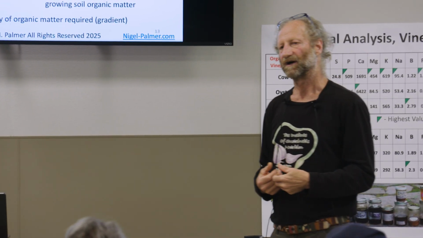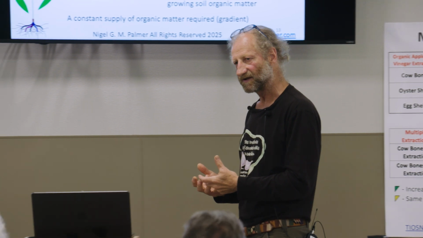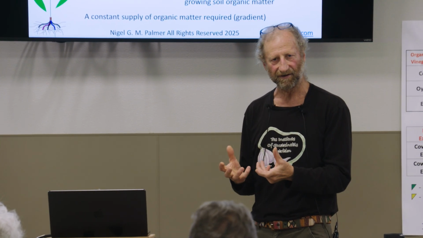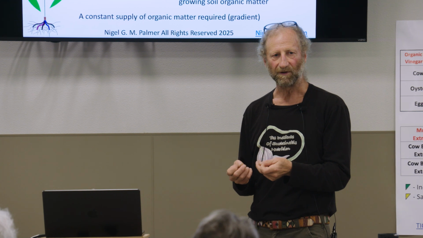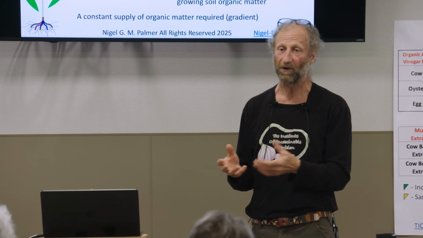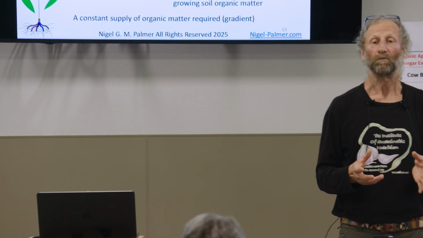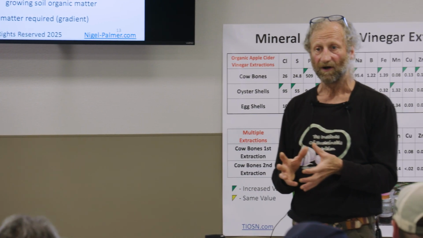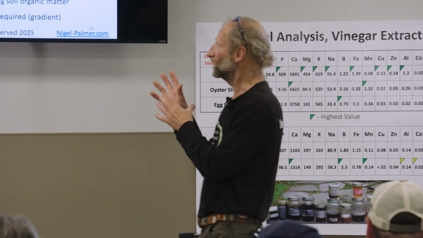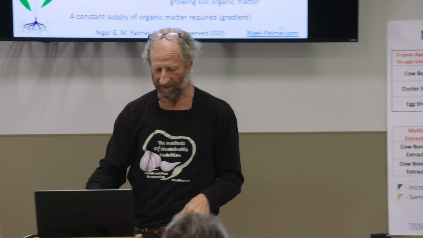It's giving us the hiding places for all of that bacteria to hide from protozoa, for protozoa to hunt. We talked about the ionic forms of minerals. This is where it all happens, down in these aggregate structures.